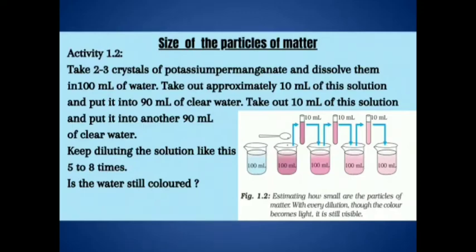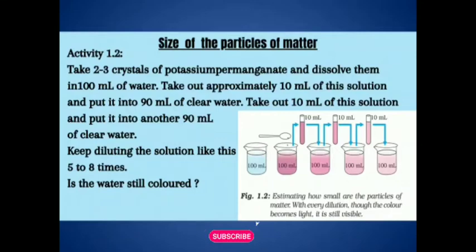Now we can take a small amount, that is 10 ml of this solution, and dissolve it in another 90 ml of plain water and repeat this 2 to 3 times. What will happen? As you can see in this picture, the dilution has taken place. The potassium permanganate continuously dissolves in the new fresh plain water and a new potassium permanganate solution is formed, but it is diluted.